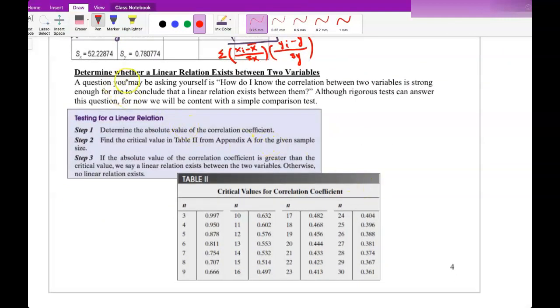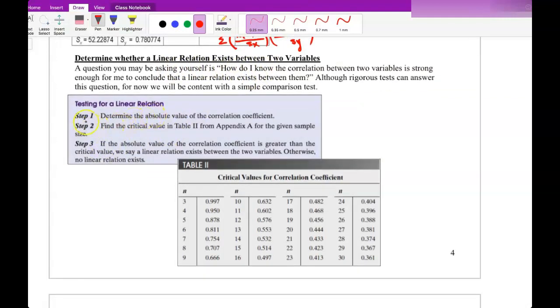Now on this one, we should find out if a linear relation exists between two variables. Testing for the linear relation. Step 1, determine the absolute value of the correlation coefficient. Step 2, find the critical value in this table here, that is from our textbook.